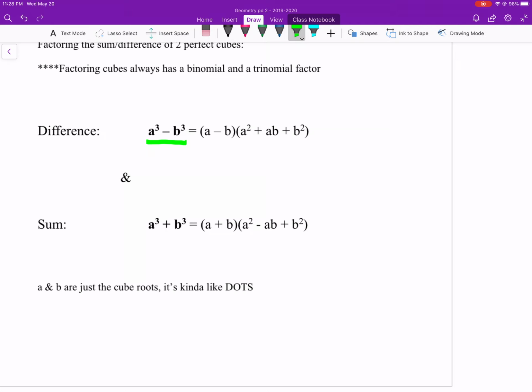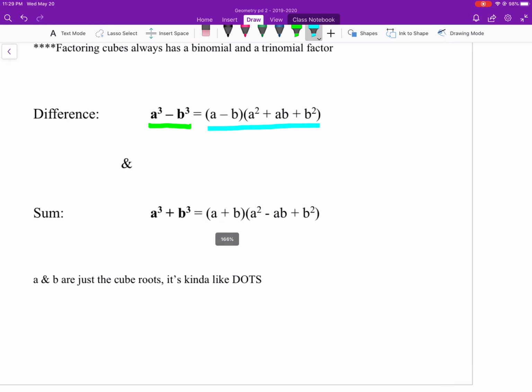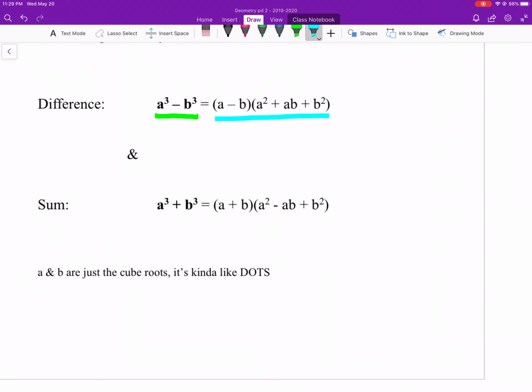So when those 2 perfect cubes are separated by subtraction, its factored form becomes this. It's sort of like a formula, and it is really something you're going to have to memorize when you get to Algebra 2, but for now you can always refer to your notes. And that's the form that it gets written in when it's factored.